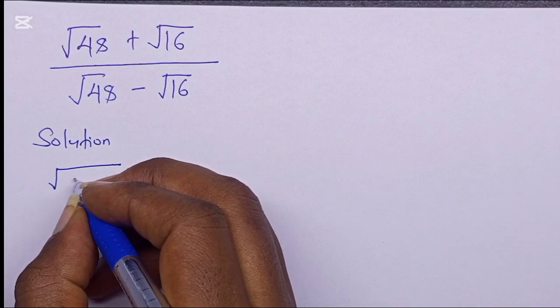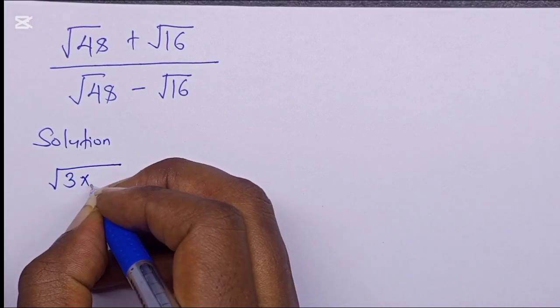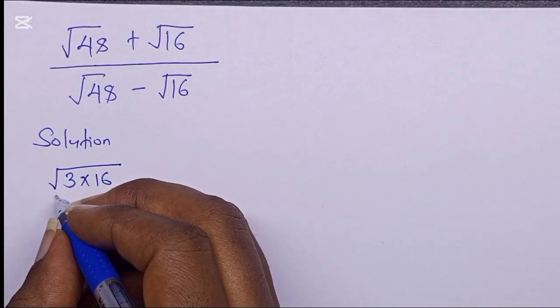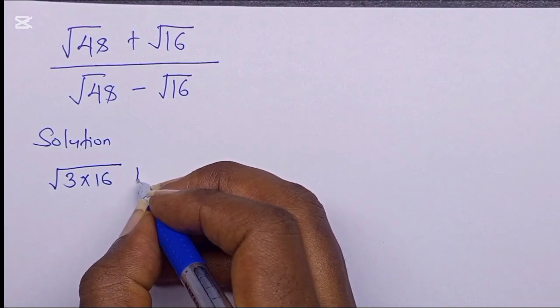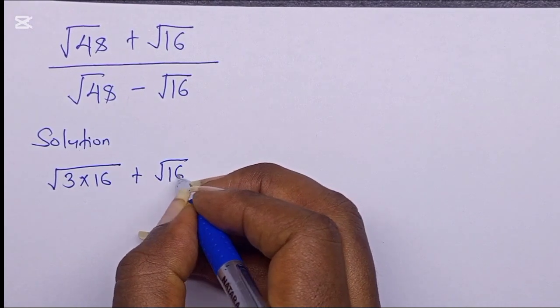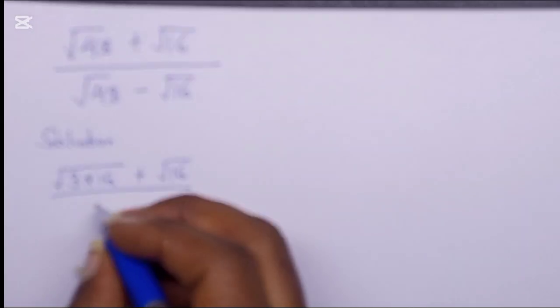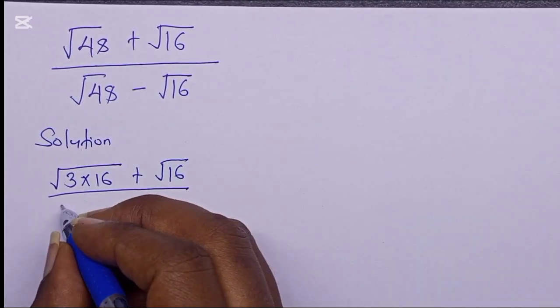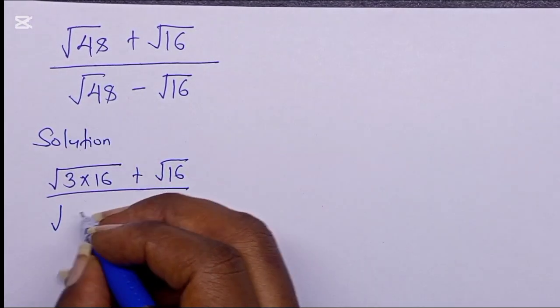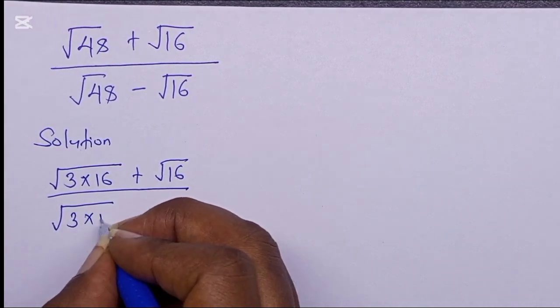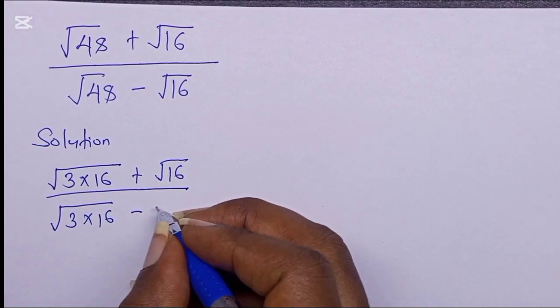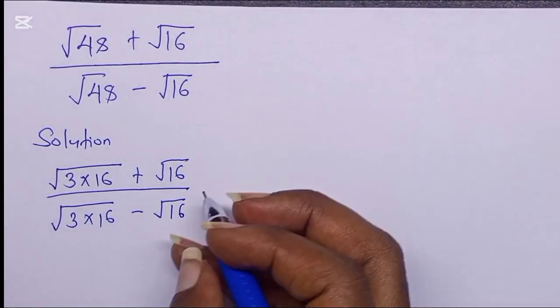So we shall say root of 3 times 16 plus root of 16 divided by root of, since this is also 48, it will be 3 times 16 minus root of 16.